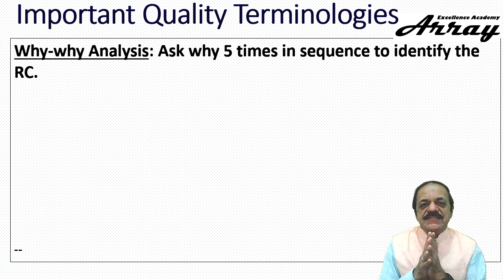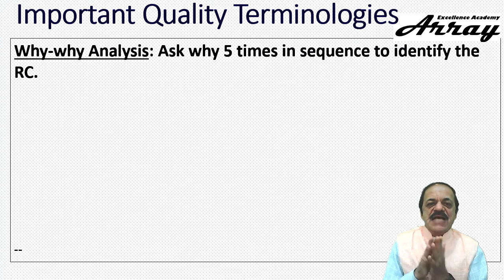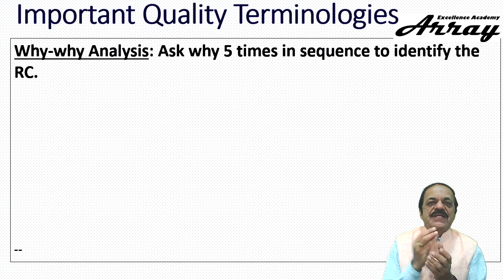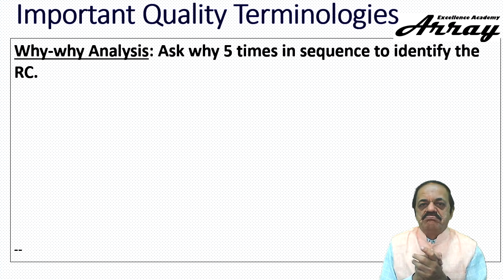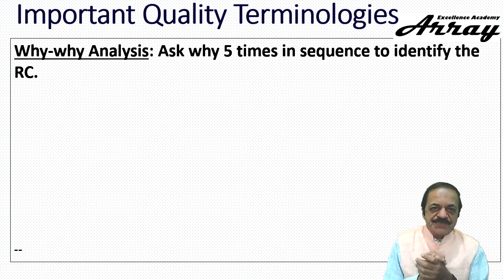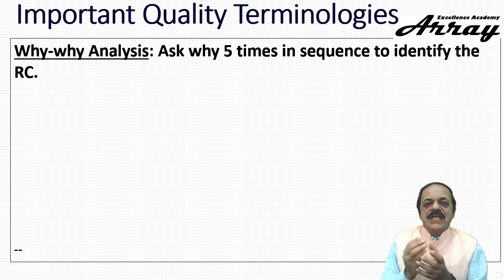Why analysis, I told you, is asking why 5 times in sequence so that you arrive at the root cause. Just to give an example, in a European villa, the car shed is outside and will have a sheet roof. Now a scenario happened.